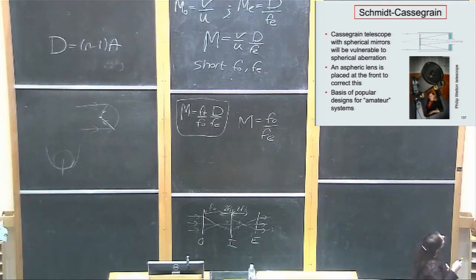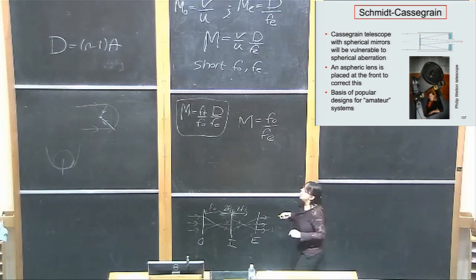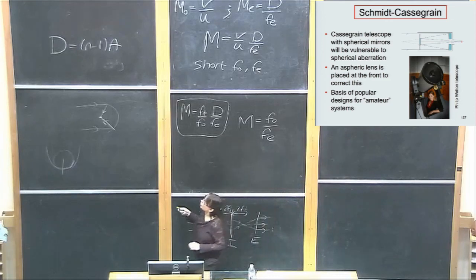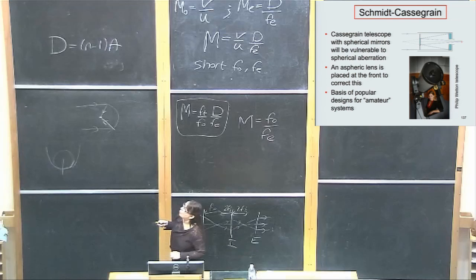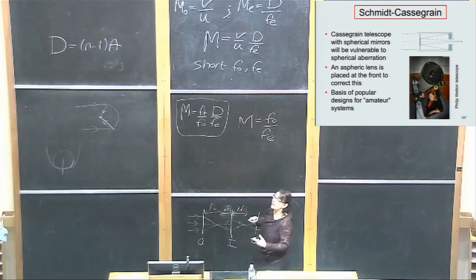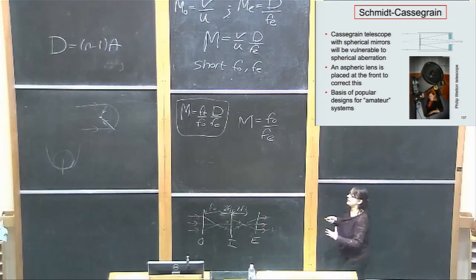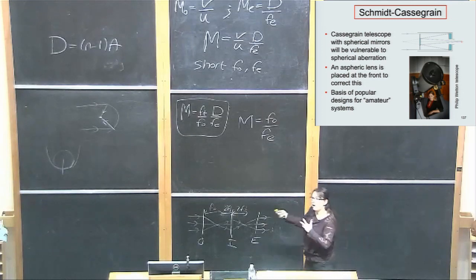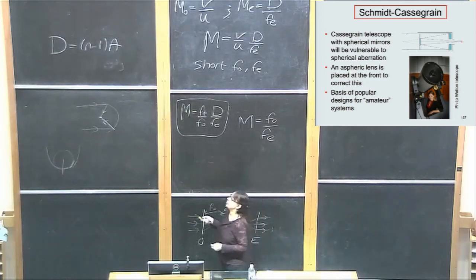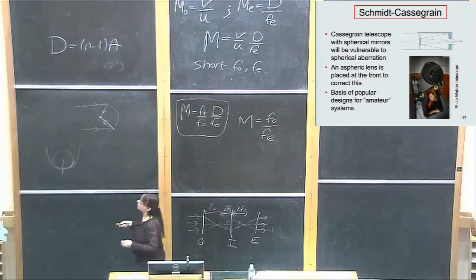Both the main mirror and the secondary mirror are spherical, so it is very susceptible to spherical aberration. Where the Schmidt comes in is that you put in a Schmidt corrector plate, which has a focal length of infinity, so it doesn't actually do any refocusing, but it's carefully shaped to correct and cancel out the aberrations that come from the spherical mirrors in the first place.